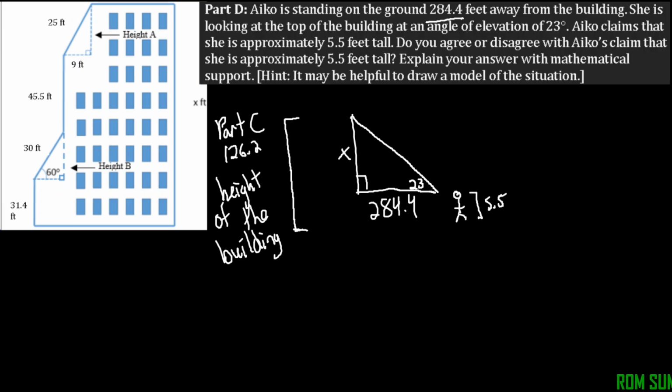So what we need to do is set up our triangle here. Across from my right angle is my hypotenuse. Inside my triangle is angle theta, which is 23 degrees. Across from that is my side opposite. And side adjacent is next to it, which is going to be the 284.4. So this is going to be tangent.